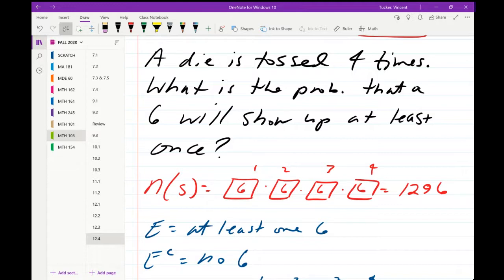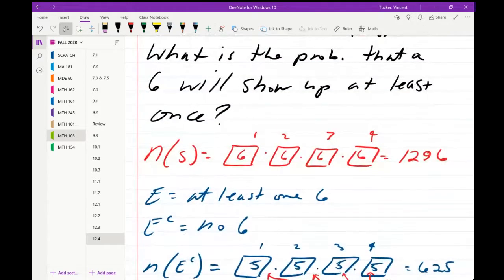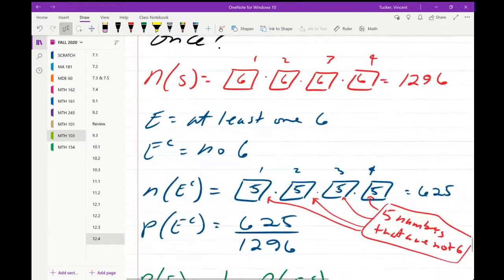All right. So the probability we're trying to find is at least one 6. So it would be easier for us to find the probability of no 6s occurring. So the probability of no 6s occurring is taking each one of those boxes and putting a 5 there. So there are 5 numbers that are not 6.